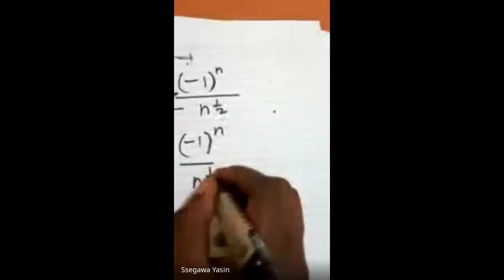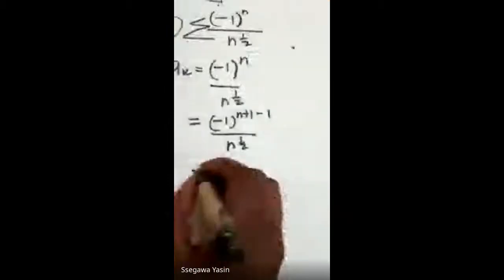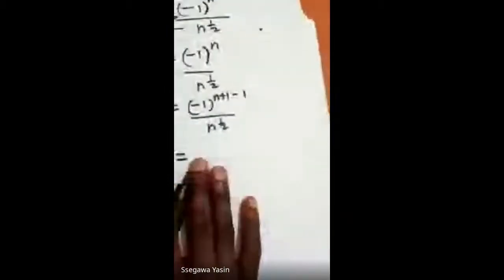Okay, let's leave those things. Look here, please. If it is like this, over n to power half, then I was to pick my b, but this one I had to rewrite like this: n plus 1 minus 1, over n to power a half. So this is negative 1 to power n plus 1, times negative 1 to power negative 1, over n to power a half.